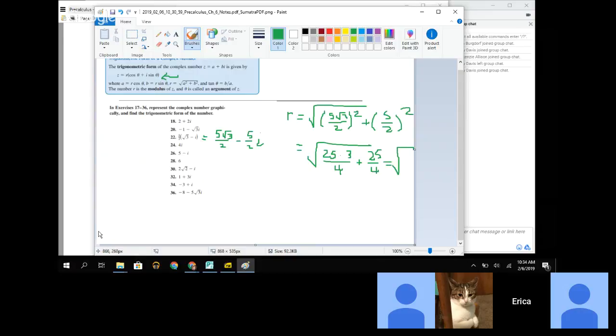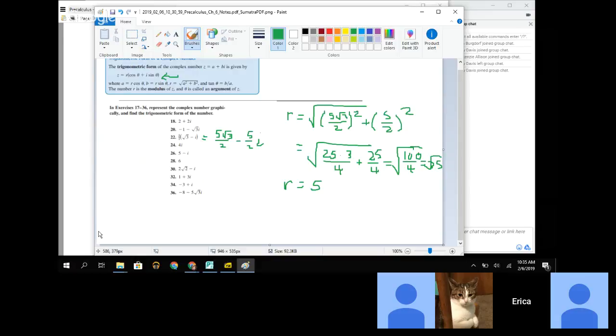We end up with 75 plus 25. So this is your fraction skills here, right? You get 100 over 4, square root, which is the square root of 25, which actually has a nice R value of 5. So square root of 25 is 5. Never thought that would happen, right?